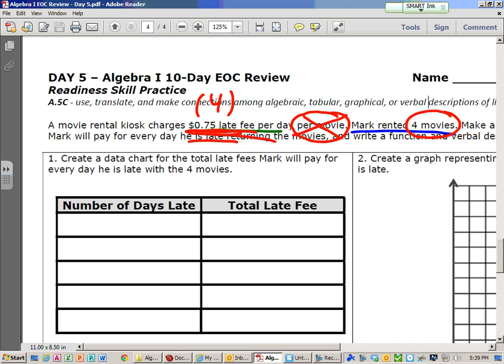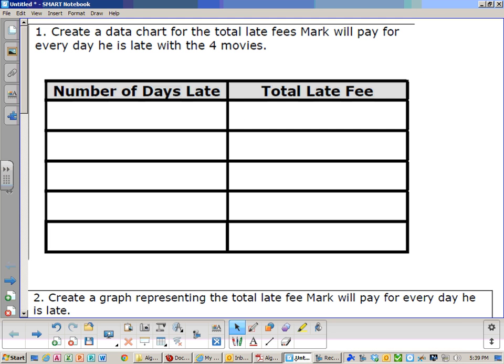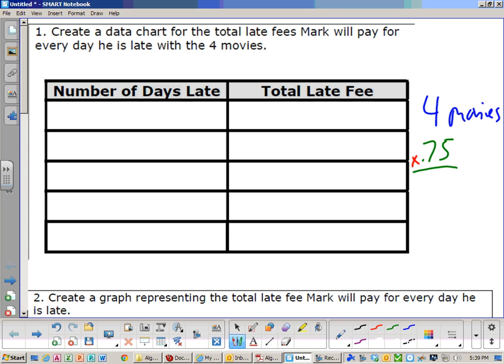Now don't forget that there were 4 movies total. Since there are 4 movies at 75 cents apiece, you're going to have to multiply that. That means every single day, because he's had 4 movies out, he's getting charged.